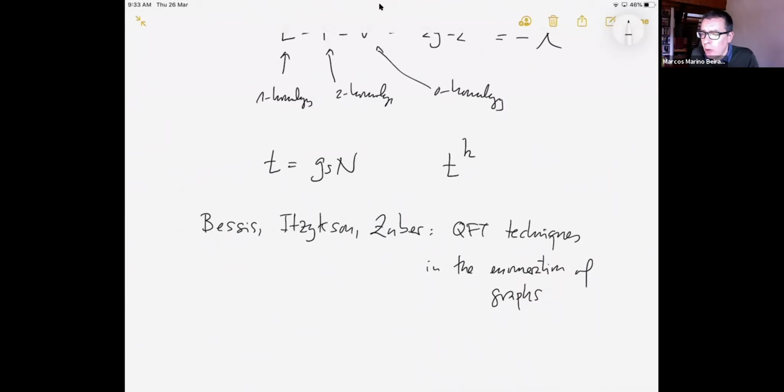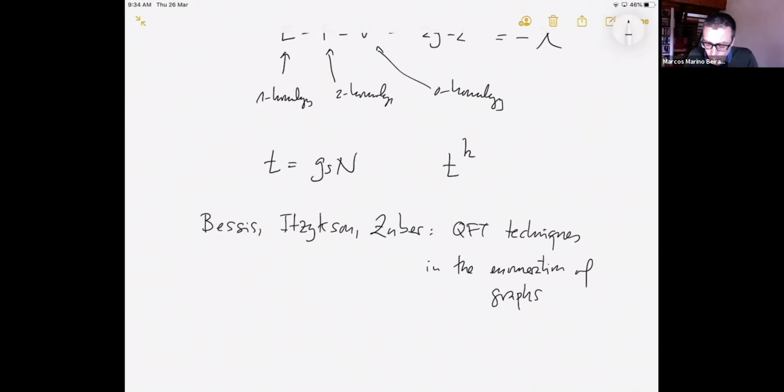Any questions, comments? Yes, so here I have one question. When you have, let's say, the triangulation, for a given surface there are different triangulations. They are all related by this flip move, where you slide the diagonal of a square. Does this correspond to something in the QFT? That's a good question.